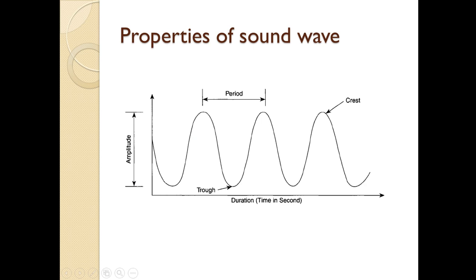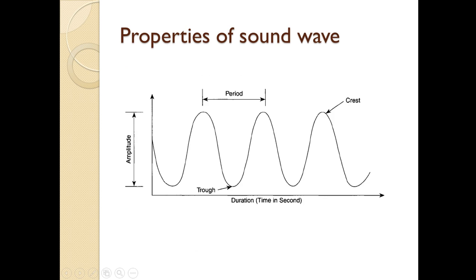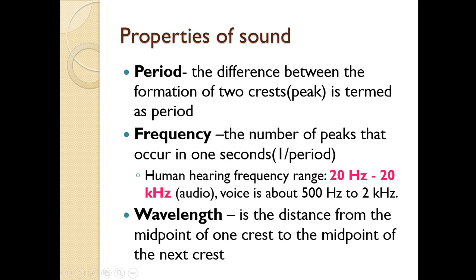Let's go to the detailed discussion about the properties of sound. Period. The difference between the formation of two crest peaks is termed as period. As I mentioned before, frequency means the number of periods. For frequency, the number of peaks that occur in 1 second.